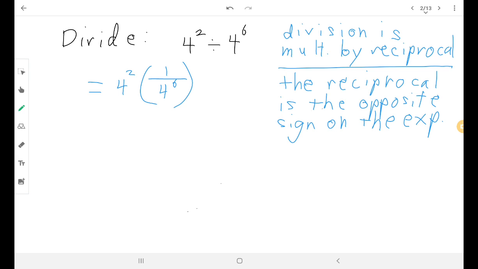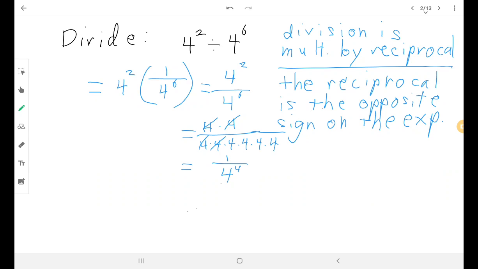That's another definition of the reciprocal, and then you would have 4 to the second over 4 to the sixth, and you could say that is like having 4 times 4 over having 4 times 4 times 4 times 4 times 4 times 4, 6 times, and you could cancel a 4 there, you could cancel a 4 there, and you could have 1 over 4 to the fourth. That is these 4 4s right there.